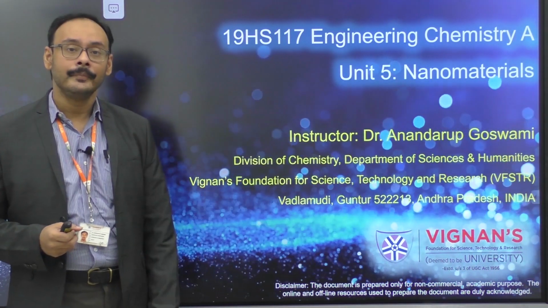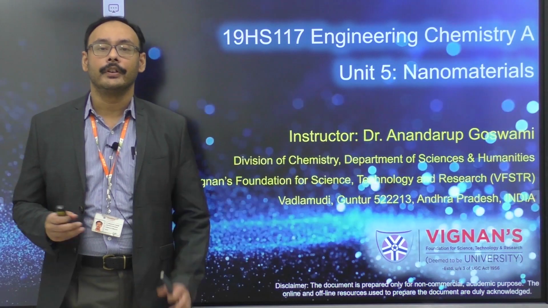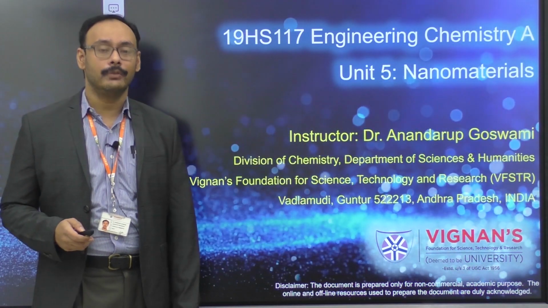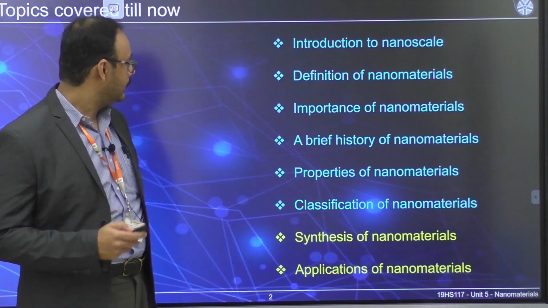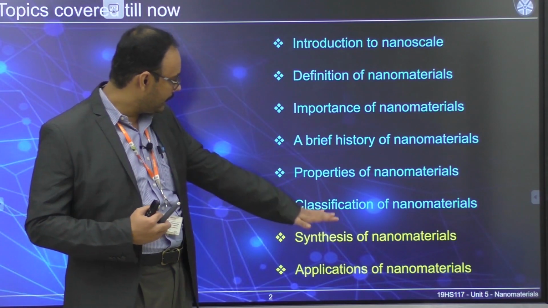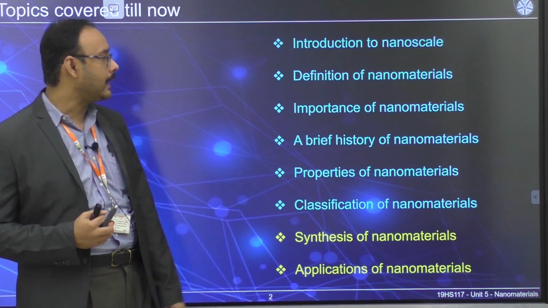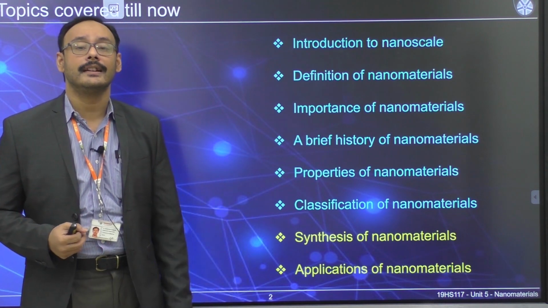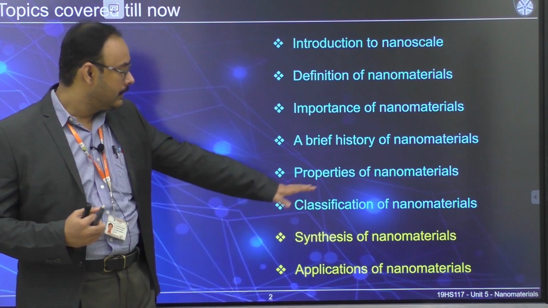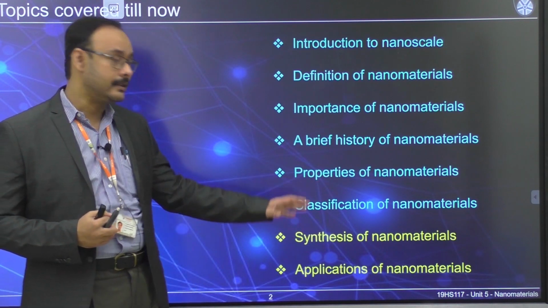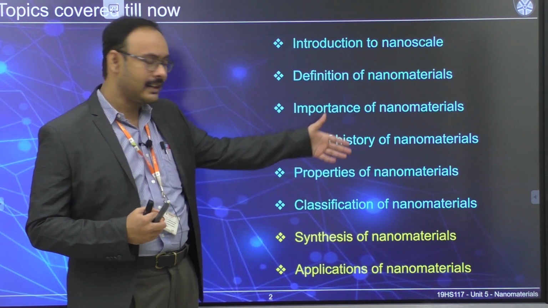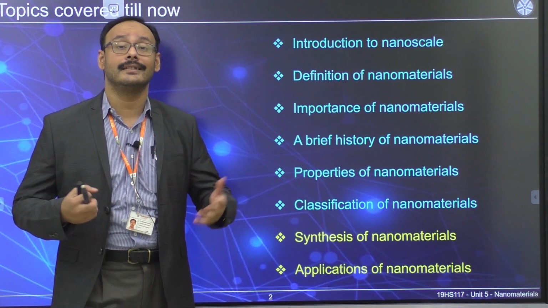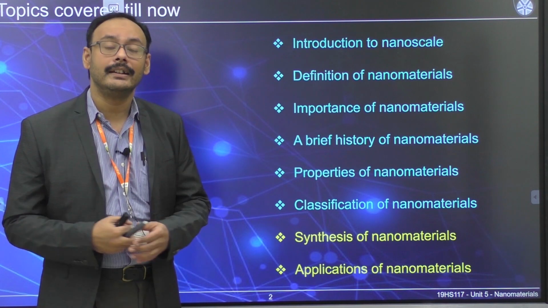So today we will be again discussing some of the topics related to nanomaterials, which is your Unit 5 for Engineering Chemistry A. Before going to details, as we have done before, let's see whatever we have covered till now. We have covered pretty much up to classification. If you have listened to my previous lecture, you know that we have finished how to classify these nanomaterials, and before that we started discussing properties and gave you the history, the definition and some idea about the nanoscale.